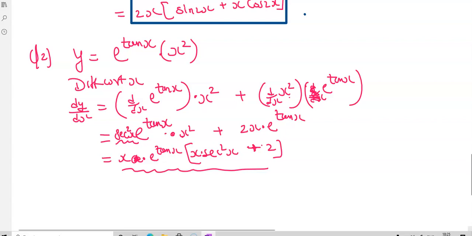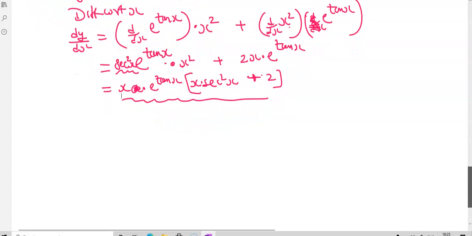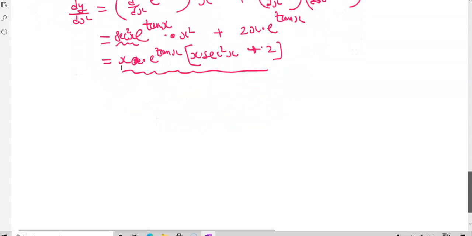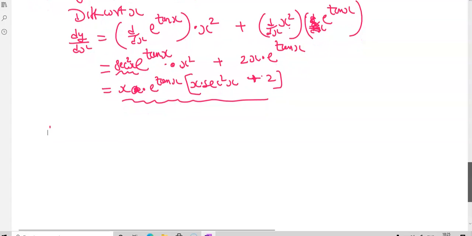So we can simply move further and further. We can apply this in the product rule, we can apply this in the quotient rule, many more things. Let's see. I take this question which is different from the others, but you can solve it easily. Suppose I'm taking a simple question: y is equal to root sin x.